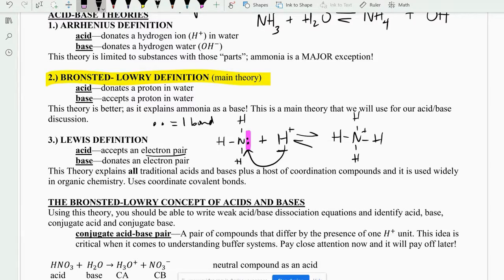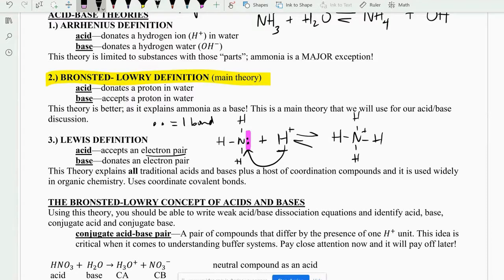And so you can see here that the Lewis definition is actually defining acids and bases in terms of electrons and not protons. And this, again, will define and explain all of the traditional acids and bases we find on our planet. It also will explain acids and bases in terms of other types of compounds that we might not actually think are acids and bases.